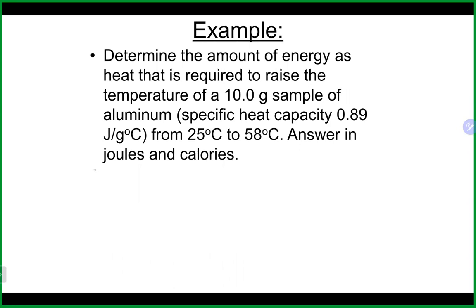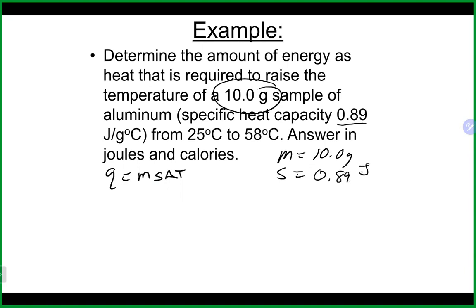Since we're getting to the end, we want to use our specific heat equation, which is Q is equal to m s delta T. In this case, that is a mass. So we have the mass is 10 grams. We do have the specific heat capacity given to us, 0.89 joules per gram per degree Celsius. This is our initial temperature, 25 degrees Celsius, and that would be then our final temperature of 58.